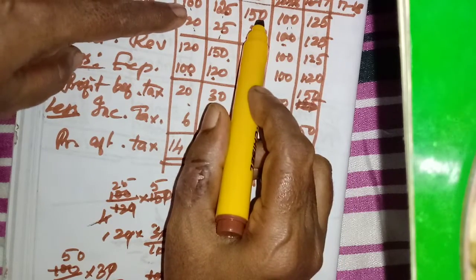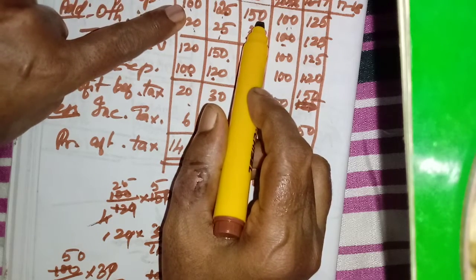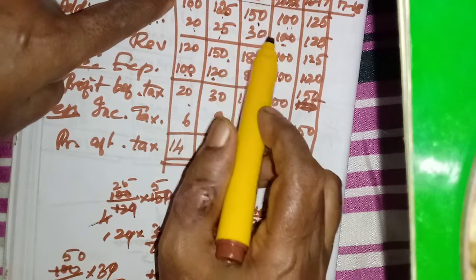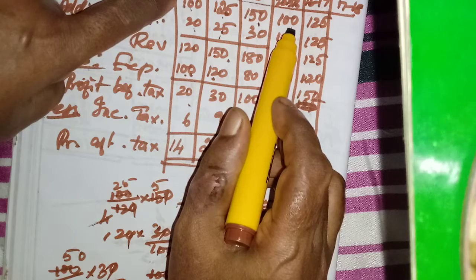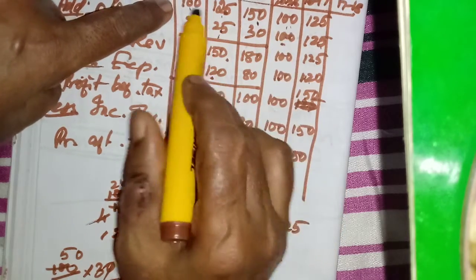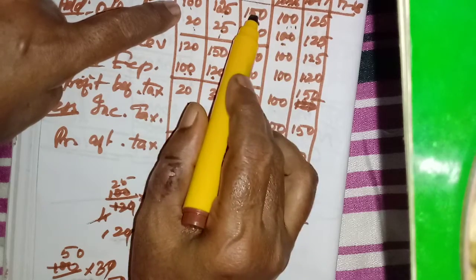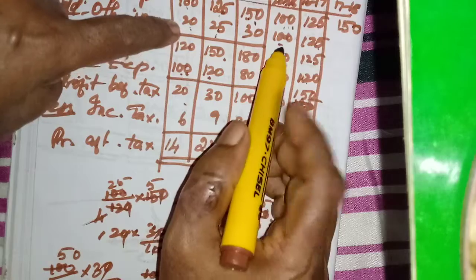Then for 150. Understood? This one, see, the base, isn't it? For 100, 100. So for 150, 150 only.